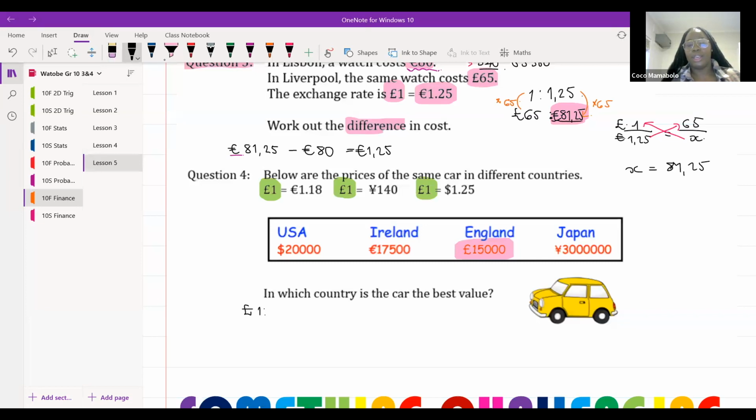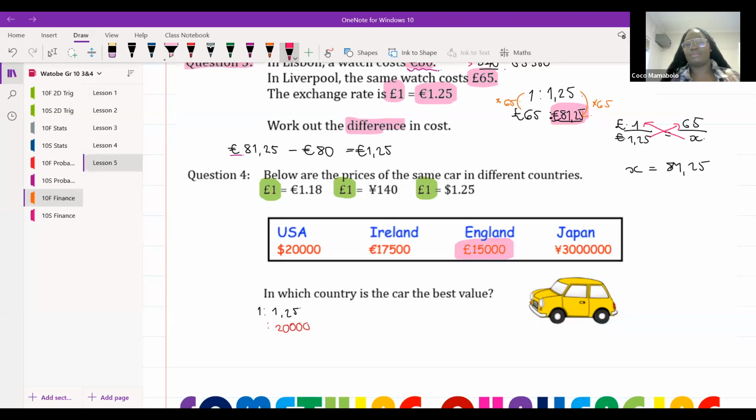£1 is to $1.25. Now, if I have $20,000, Mawande, how much is that going to be in pounds?